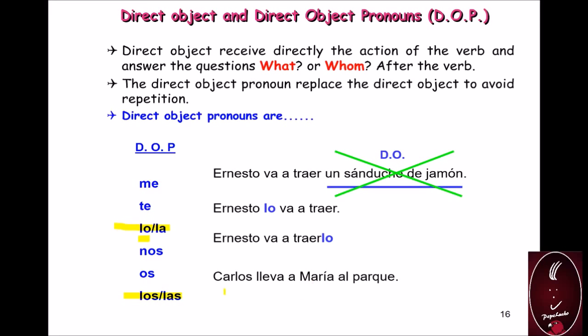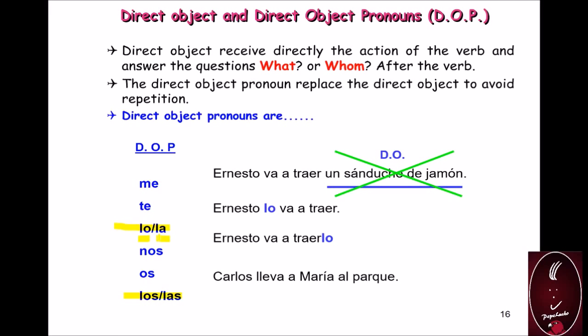In this example, Carlos lleva a María al parque. Carlos takes Mary to the park. Carlos takes whom? Direct object, María. In this example, the direct object is María. I can replace it with la.